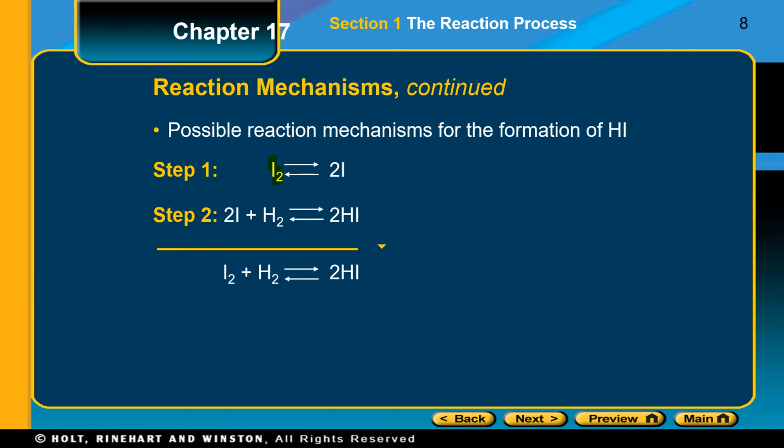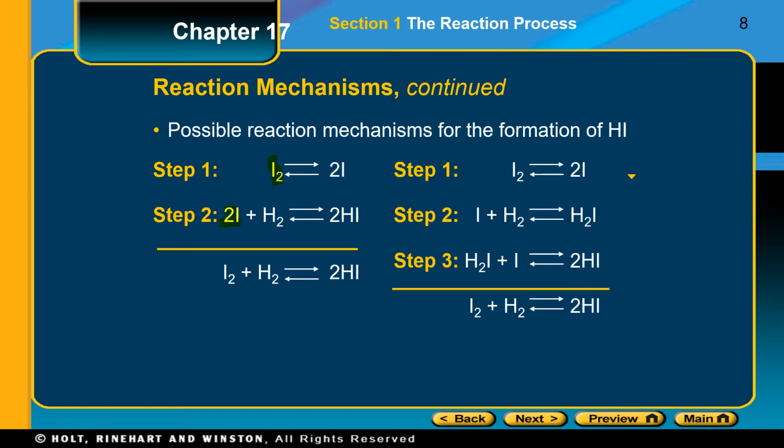And then in the second step, we have these two iodine atoms colliding with the hydrogen molecule and ending up forming two hydrogen iodide molecules. So that's one way that this could possibly happen.